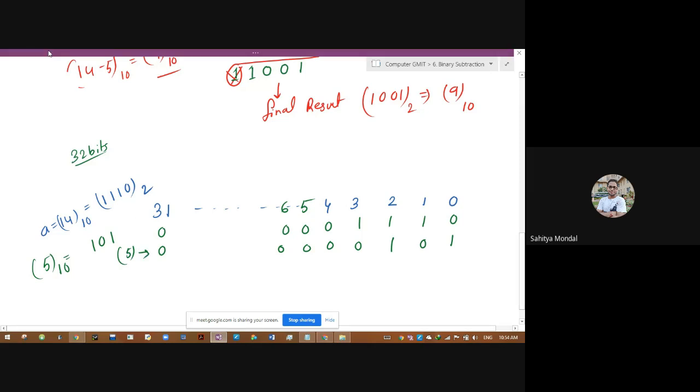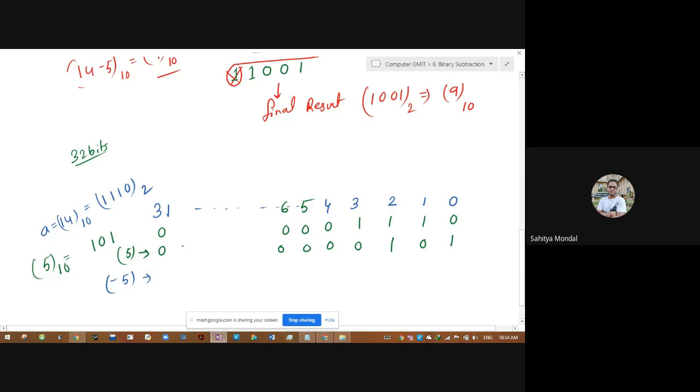Now if I want to compute minus 5, what will be the result? That will be the 1's complement of this entire thing, then the 2's complement of this entire thing, right? Yes sir. So first compute the 1's complement: 0, 1, 0, 1, 1, 1, 1, and the last bit is also 1.